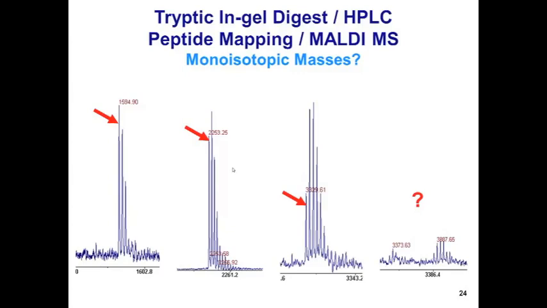This is additional data, and this points out an important point that as my signal intensity goes down and as my masses increase, I reach a point where it is difficult to determine which is the monoisotopic peak. Whereas if I have a strong signal, and particularly if the m over z, or the mass of the peptide, is small, it's very clear that the first and largest peak is the monoisotopic mass.